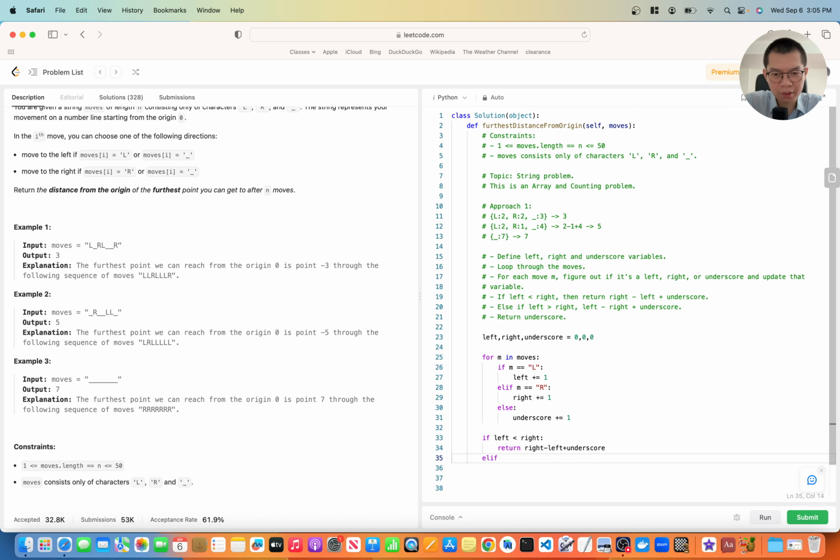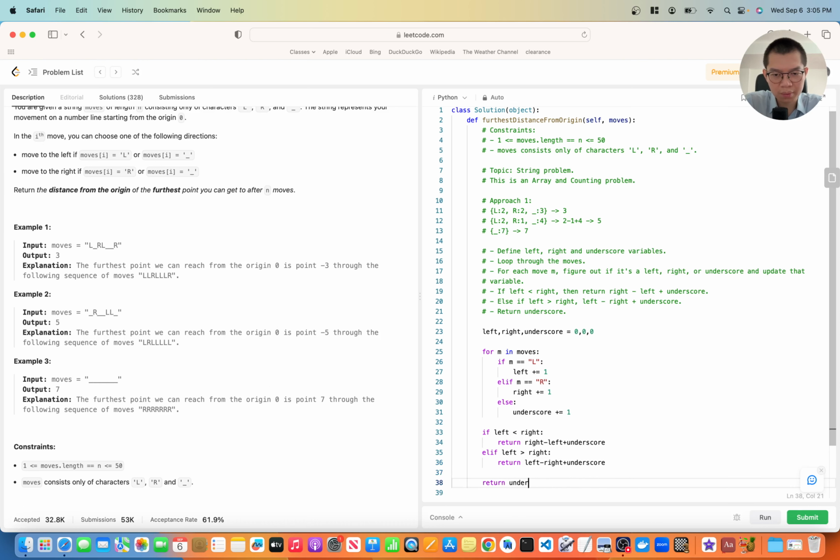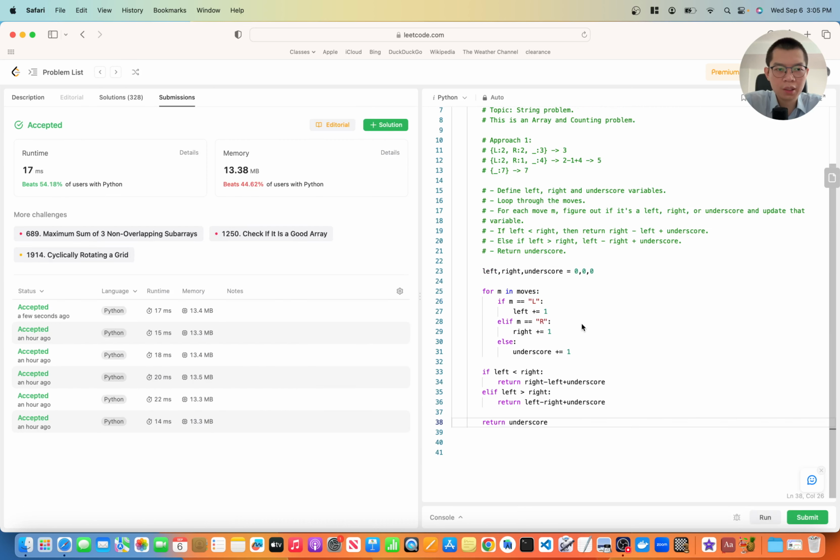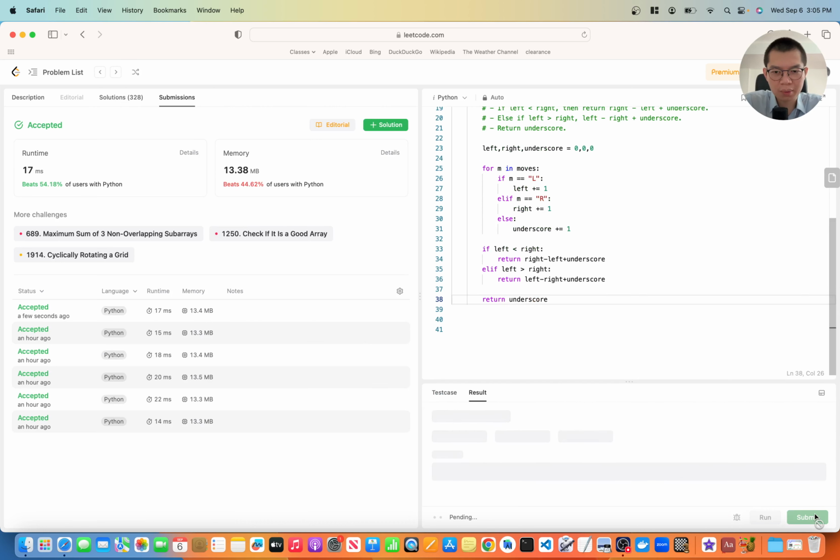If left is greater than right, you should return left minus right plus underscore. Else you should just return the underscore, right? I really think this is it. Yep. All right, so that's the answer, and let me check it one more time.